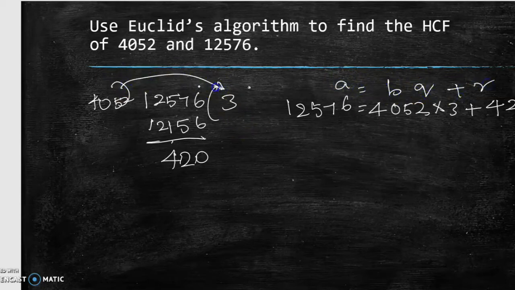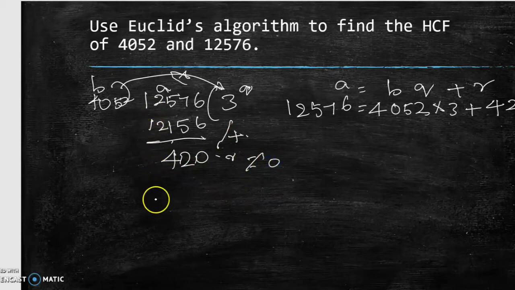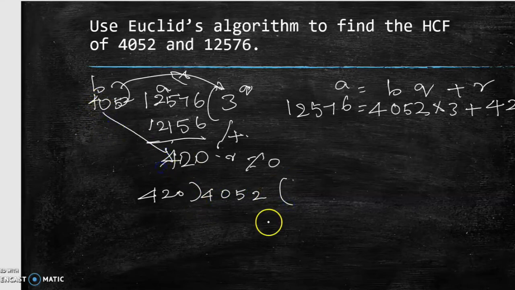So multiplication, addition. This is a equals b into q plus r. Since the remainder is not equal to 0, we have to do it again. So 420 is the divisor and 4052 comes down here.